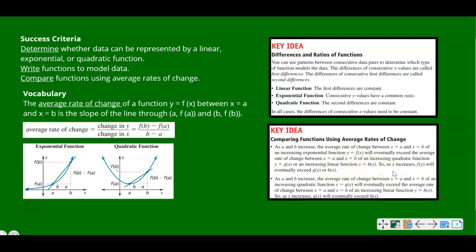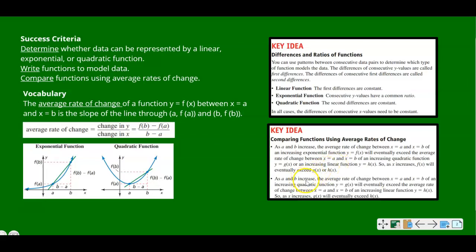So as x increases, f of x will eventually exceed g of x and h of x. Basically, if you are comparing linear, quadratic, and exponential functions and you expand the graph far enough, the exponential function is going to increase faster than linear or quadratic.